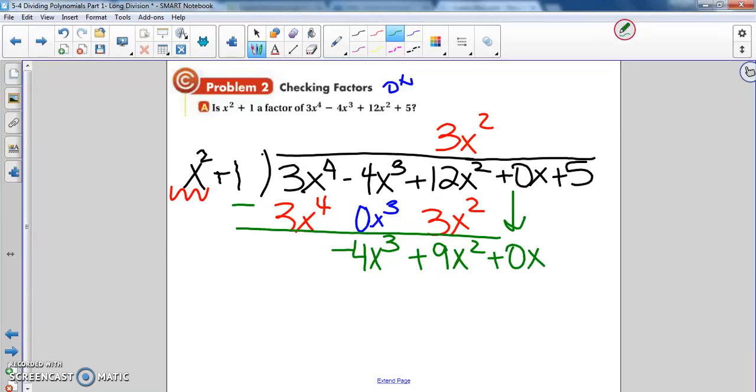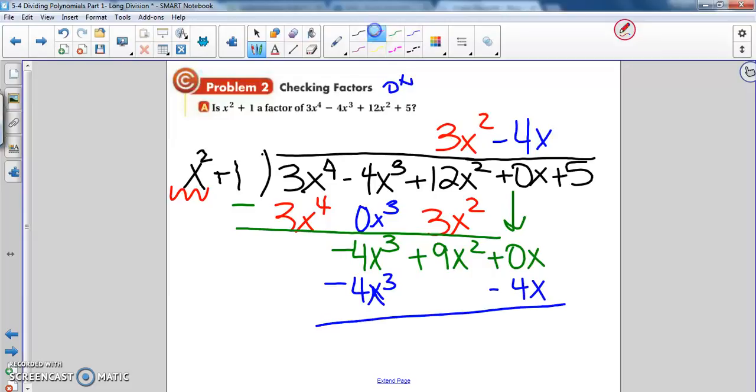And what do we need to multiply x squared by to get negative 4x cubed? And we have to multiply by negative 4x. So I'm going to distribute that. Negative 4x cubed. Negative 4x times 1 is negative 4x. I'm going to line it up.